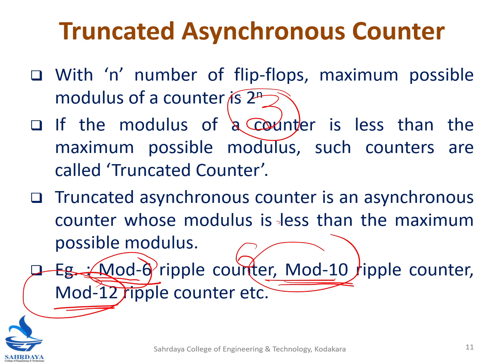So it can count up to 1011, and there will be 12 states. So to count up to 11, 4 flip-flops are needed, but the maximum possible count with 4 flip-flops is 1, 1, 1, 1 or 15. But here the count is limited to 12 states, or 0 to 11. Clear? So such counters are called truncated counters.